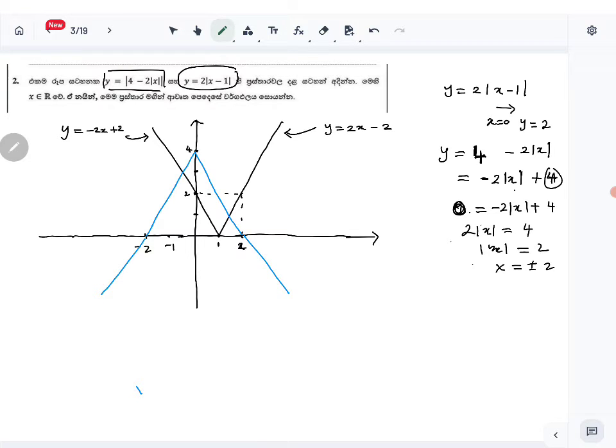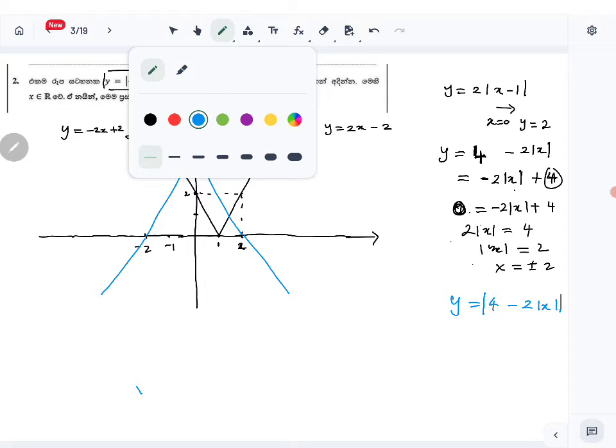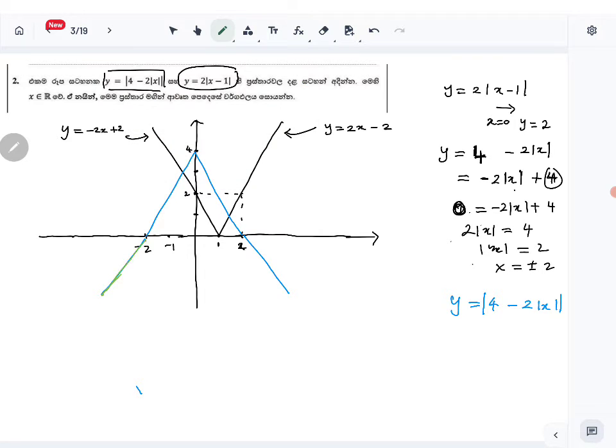Right. But this is not the graph we want. This blue graph is 4 minus 2 absolute value of x. Then we have to draw the absolute value of that one. So that means these parts below the x-axis have to be reflected along the x-axis like this.